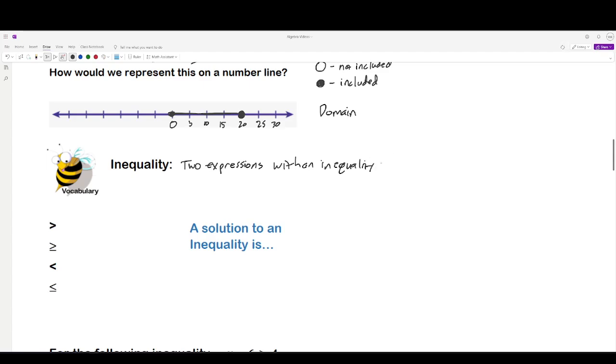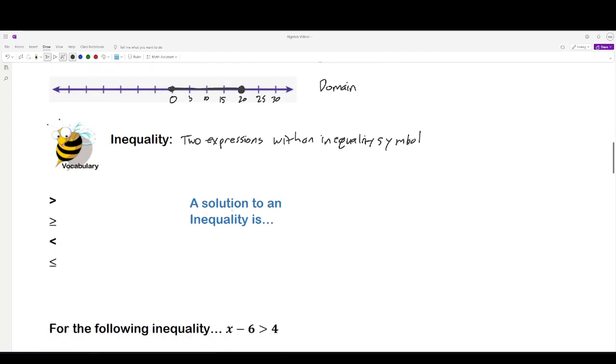Inequality symbol. So inequality symbols, hopefully you're familiar with, they compare two values.